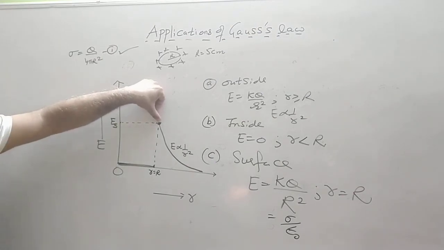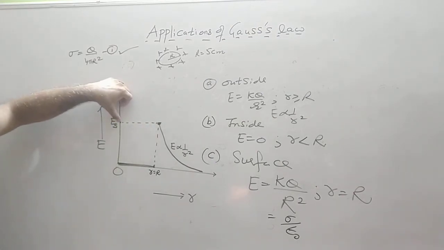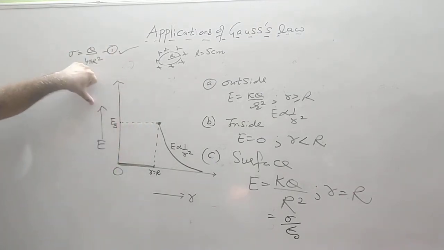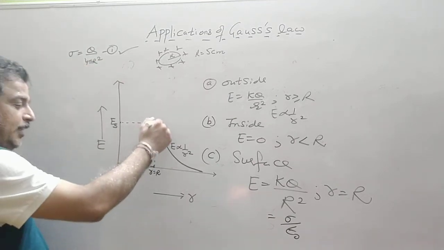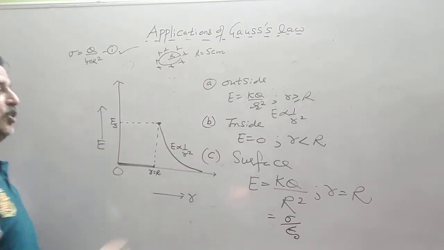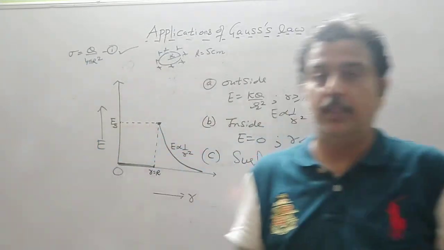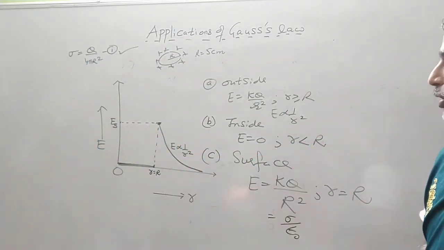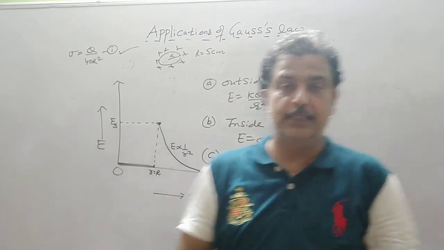So this is the value at the surface, ES. On the y-axis we have electric field intensity, and then it decreases rapidly as we move away from the spherical shell. So this is what we have for today's lecture.